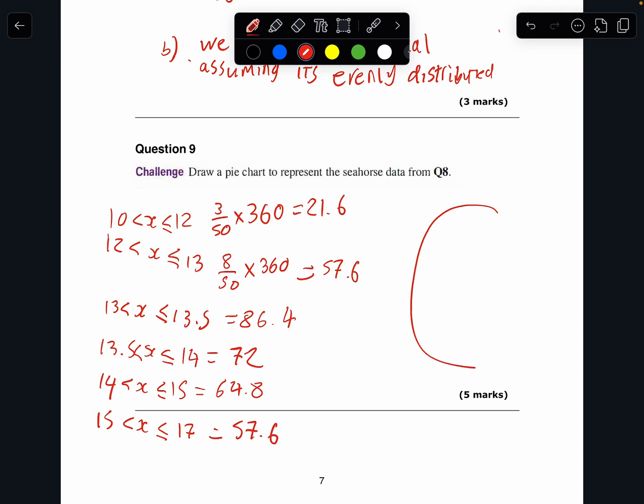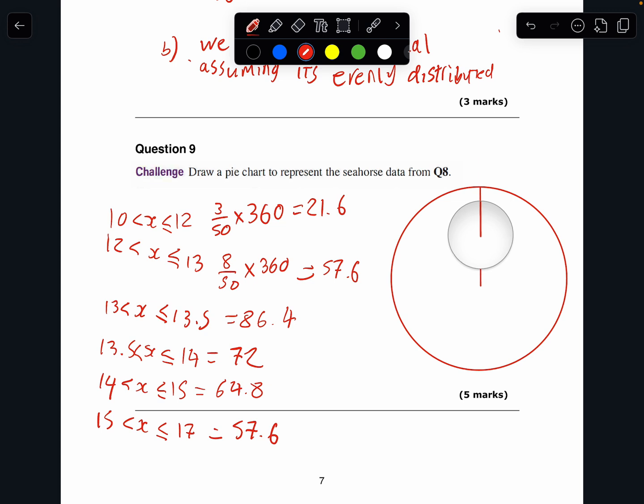We hopefully know how to draw a pie chart. We draw a circle, like so. Let's draw a line to the center, something like that. Okay, and then let's just measure the angles. 21.6, probably going to look something like that. I'm just eyeballing it. That's going to be 21.6 degrees, and that is the 10 to 12 bit. 57.6, adding those together is slightly less than 90, so something over here.